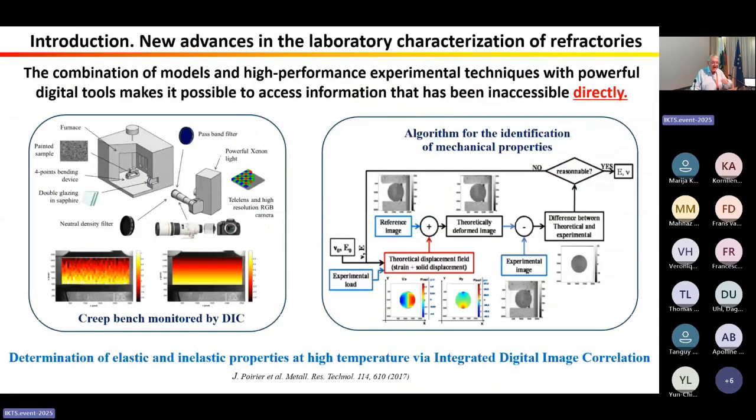Why? Because we have new advances in the laboratory characterization of refractories and models. The combination of models and high-performance experimental techniques with powerful digital tools makes it possible to access information that has been inaccessible directly. Here you have an example of the determination of the elastic and inelastic properties at high temperature using integrated digital image correlation.